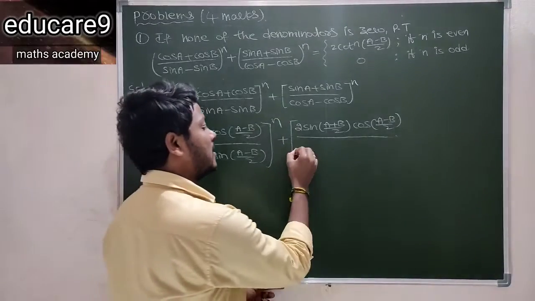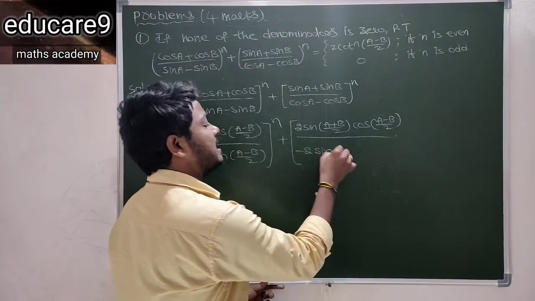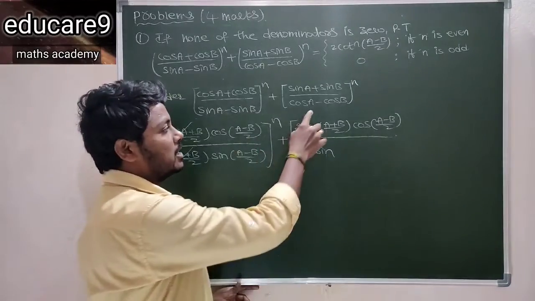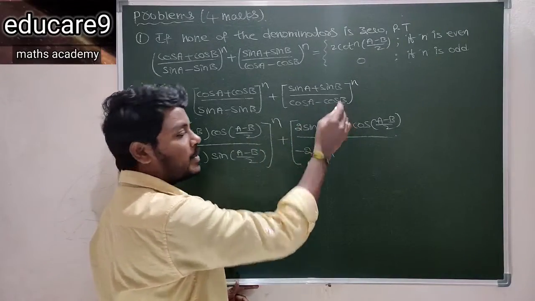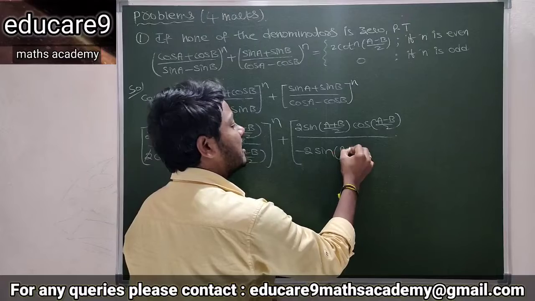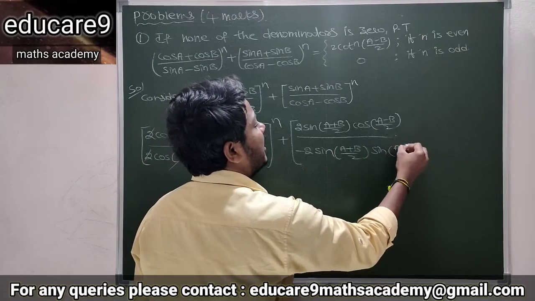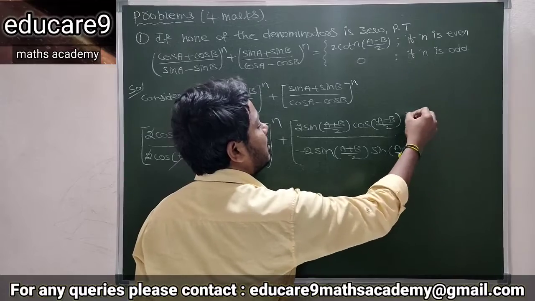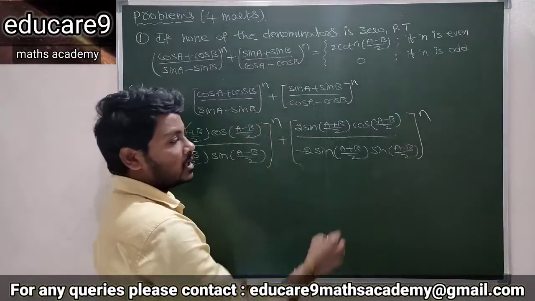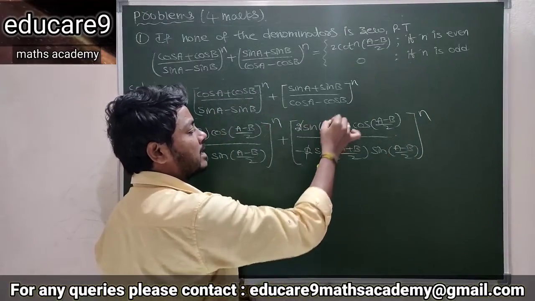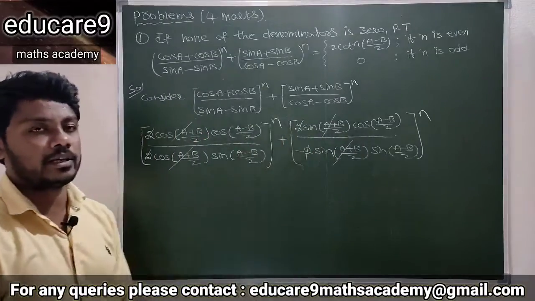What is that formula? Minus 2 sin (c plus d) by 2 sin (c minus d) by 2. Here c is a and d is b. So this is minus 2 sin (a plus b) by 2 sin (a minus b) by 2, whole to the power of n. Here also 2 gets cancelled, and sin (a plus b) by 2 gets cancelled.